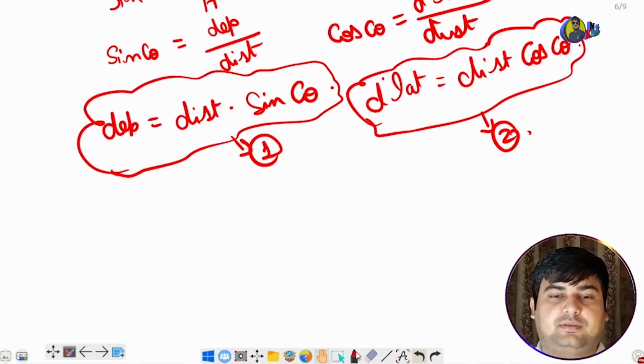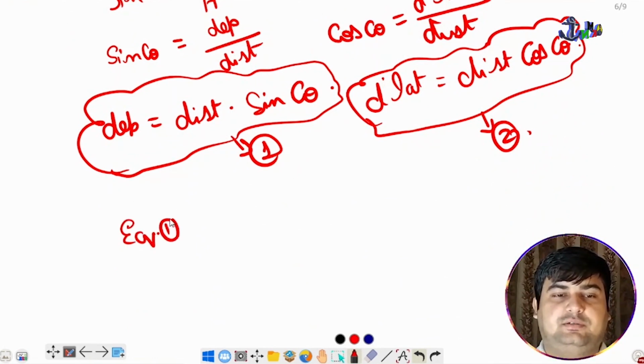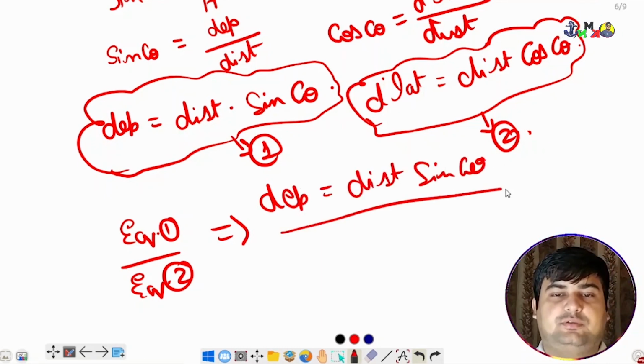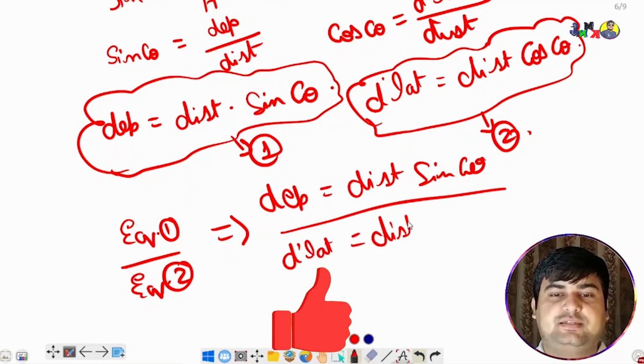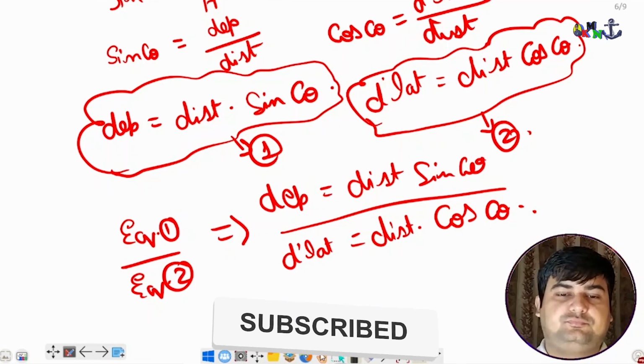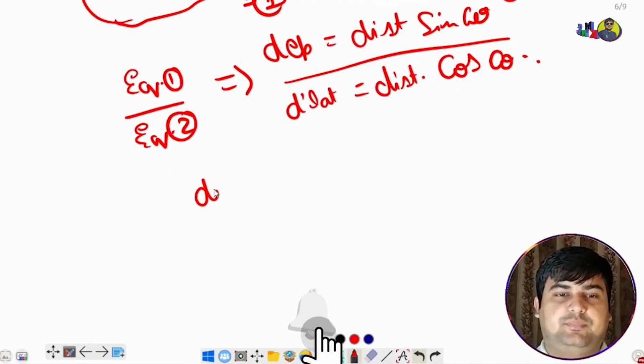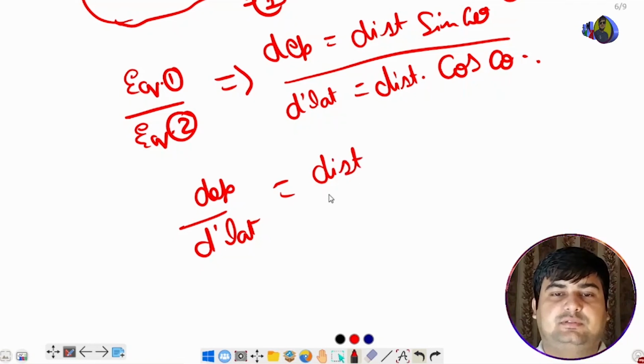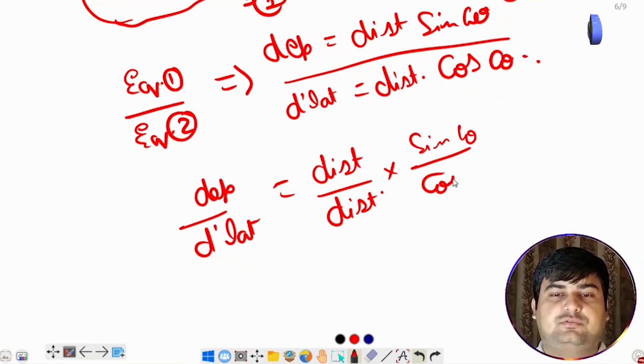This is the first equation and this is the second equation. Dividing equation 1 by equation 2: departure is equal to distance sine course, divided by d lat equal to distance cos course. So it will come out departure upon d lat is equal to distance upon distance into sine course upon cos course.